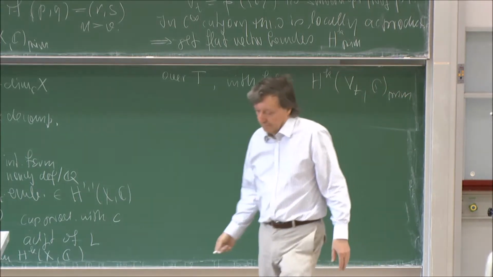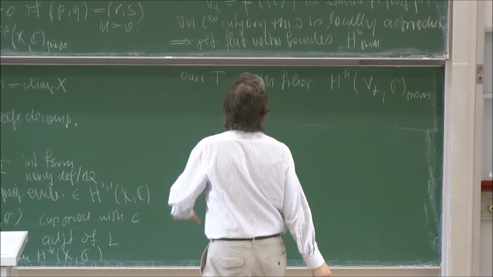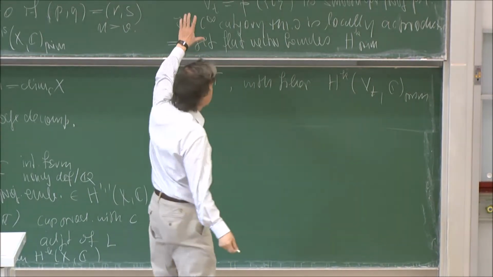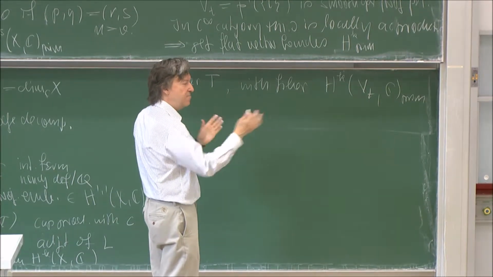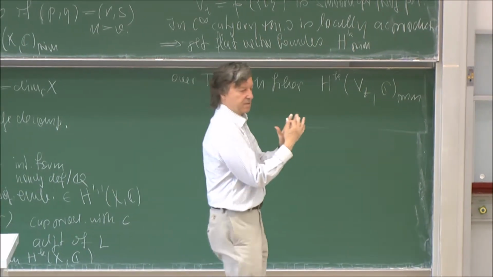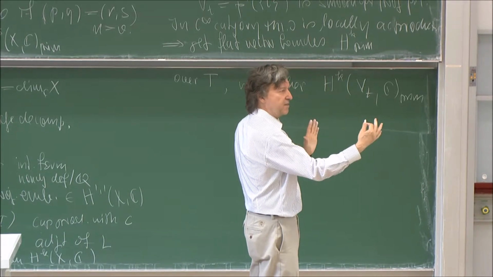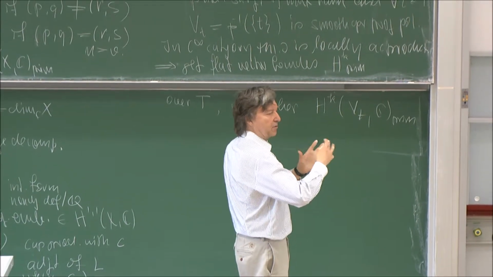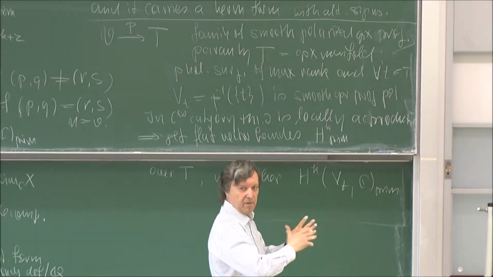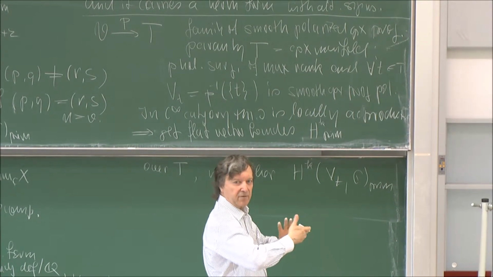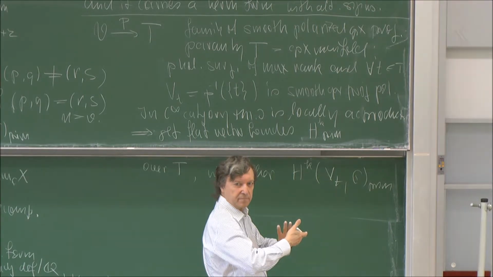So in the C infinity category, this is a product. So locally all the fibers look the same. And this local trivialization is unique up to a continuous family, a differentiable family of diffeomorphisms of the fiber. But that does not act trivially on the cohomology.